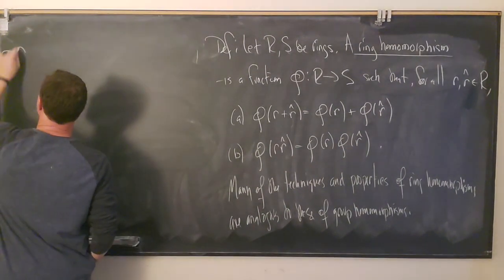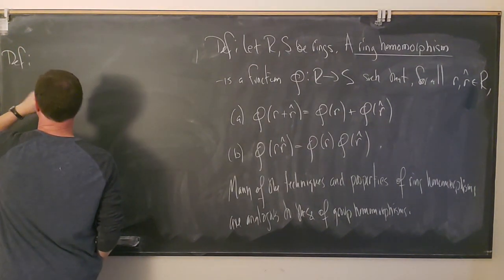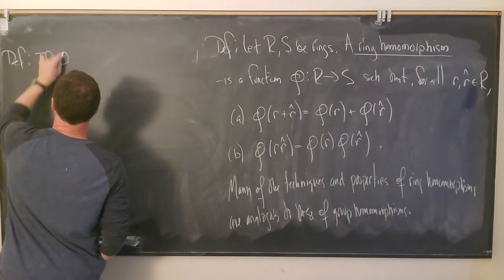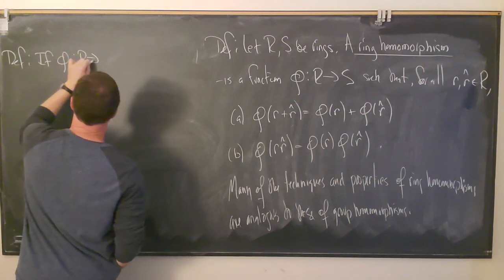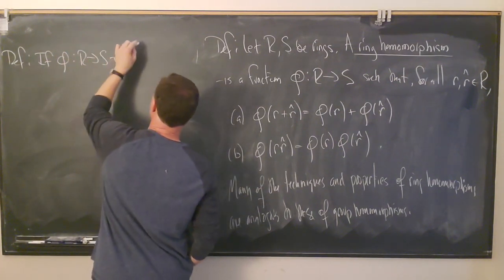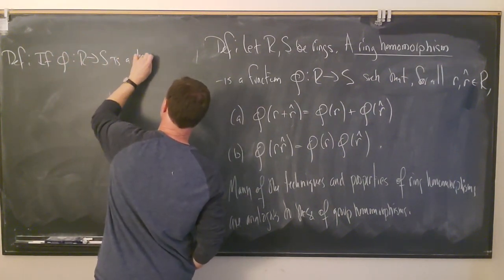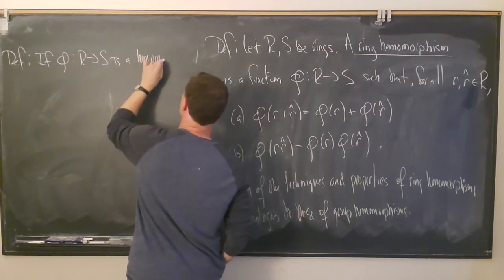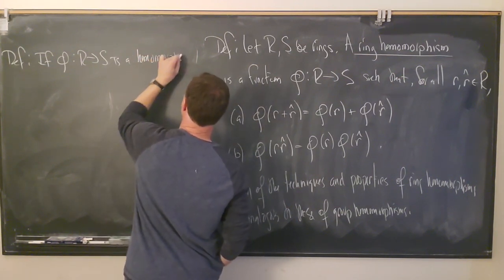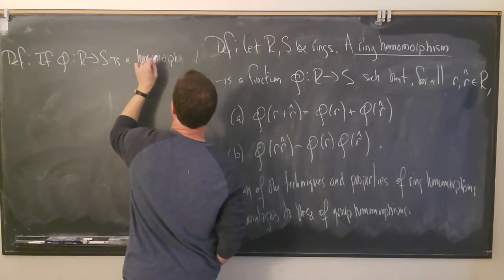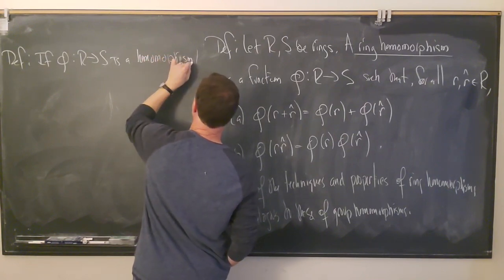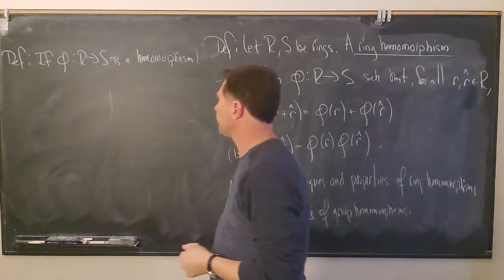Another definition. If phi from R to S is a ring homomorphism, right? R and S are rings.